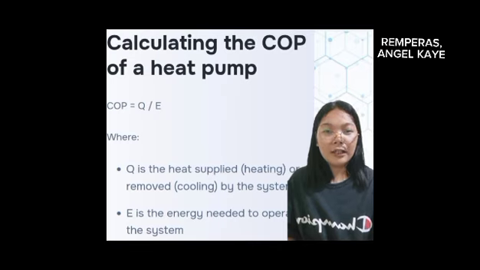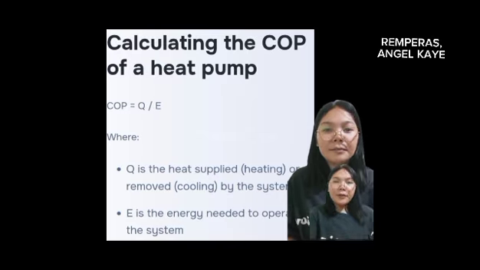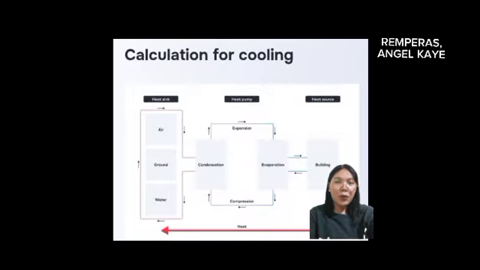The building is considered. In a heating scenario, the building is the heat sink, which is the part of the cycle to which heat is added. In a cooling scenario, on the other hand, the building is the heat source, heat is removed from it. So in cooling scenarios, the COP is calculated by determining how much heat was removed from the heat source.